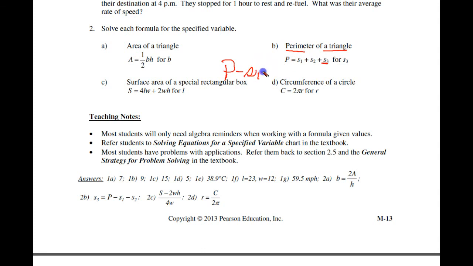Transpose that, a negative S sub 2 equals S sub 3. And there's our answer. Again, these are terms, so we get rid of terms not by dividing, but just transposing them to the other side.